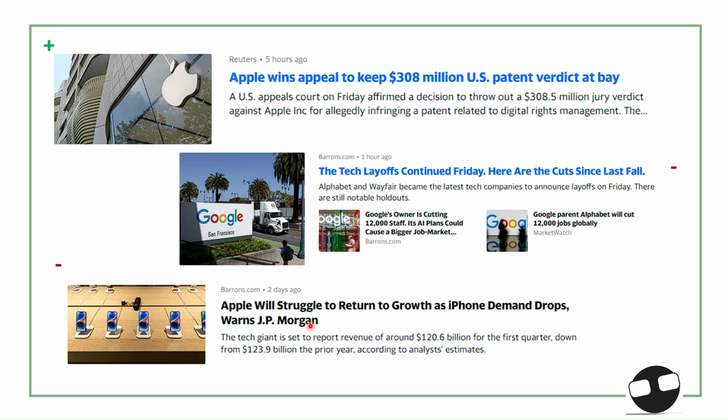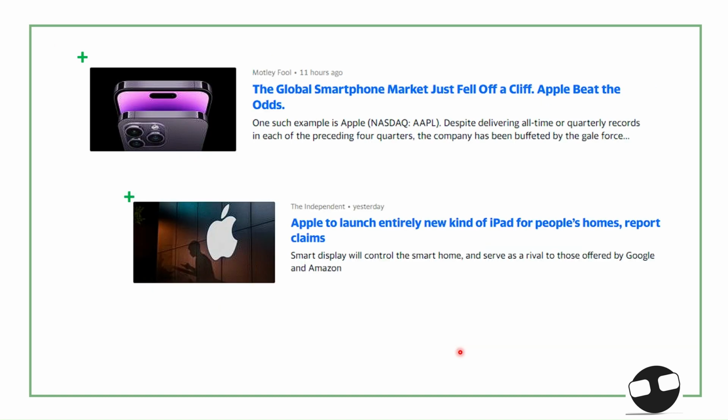We also have here a negative: Apple will struggle to return to growth as iPhone demand drops. That was a warning from JP Morgan.